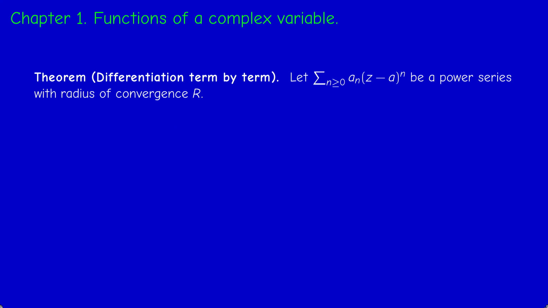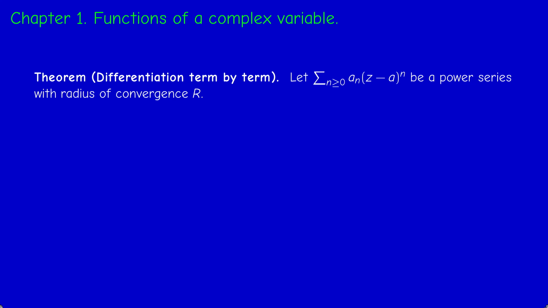First, recall the theorem about differentiation term by term. If you have a power series of a complex variable, you know that it has a radius of convergence, possibly infinite. But I assume here that R is strictly positive.